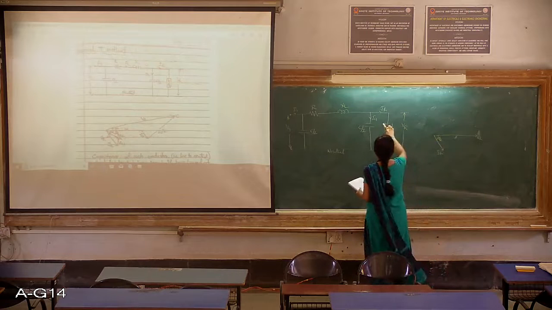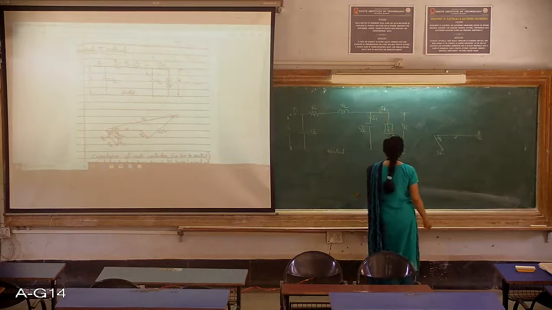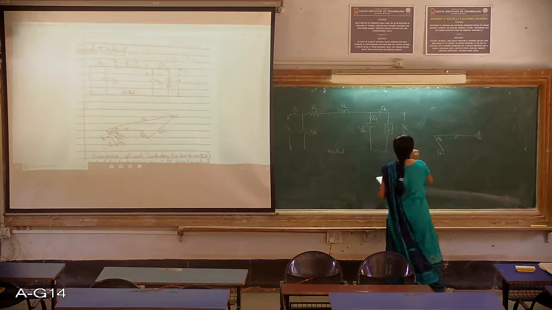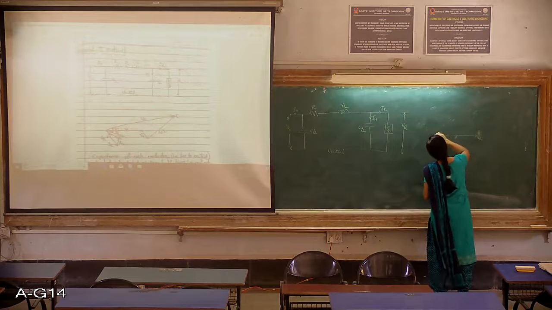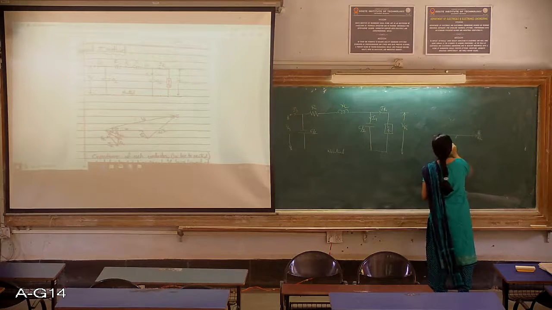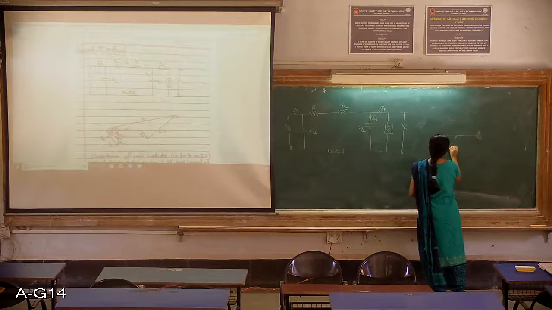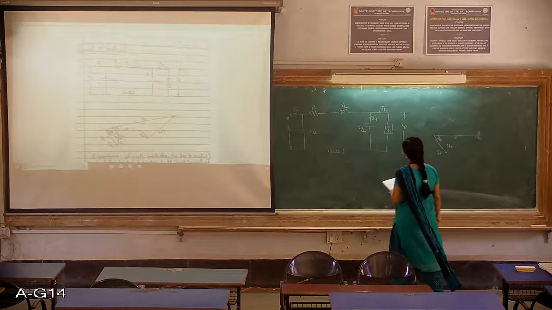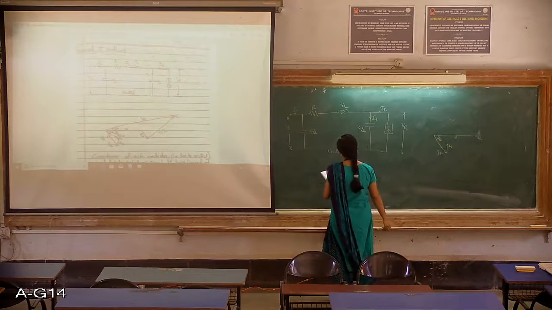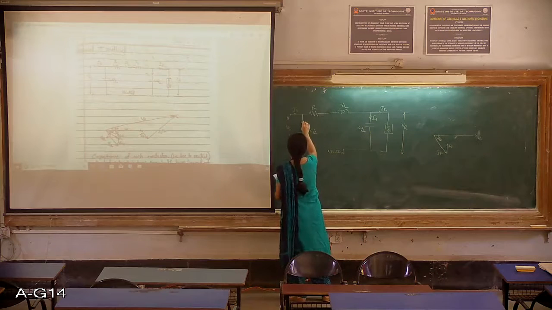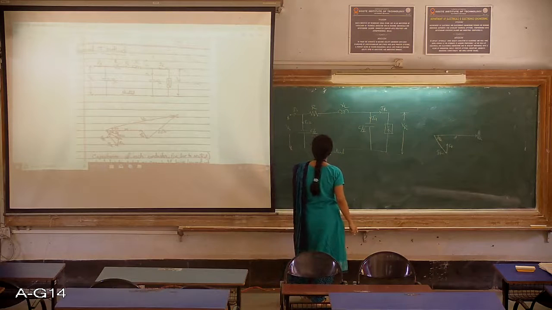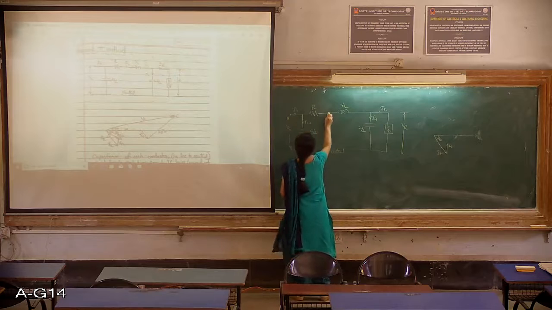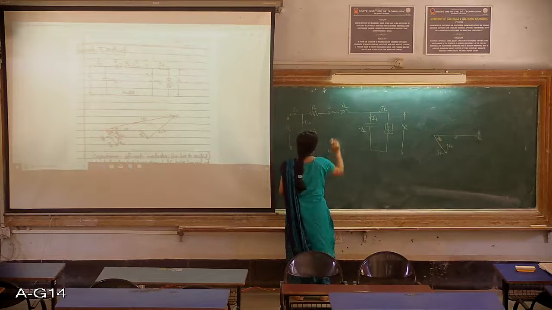Now there is a leading current IC1, and there is another small current you can call IC2.